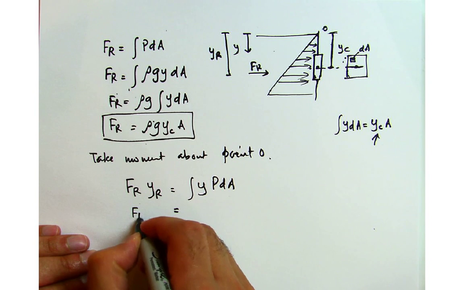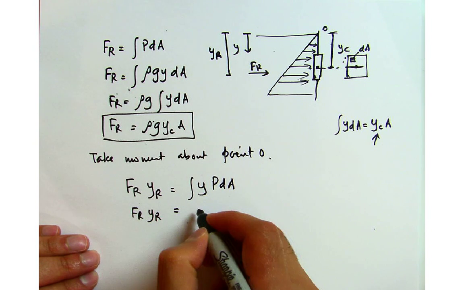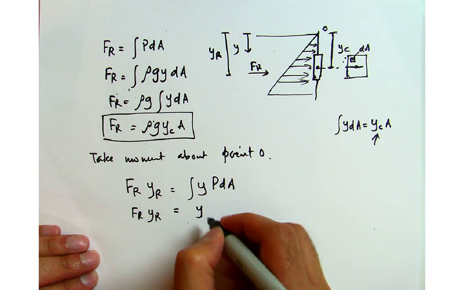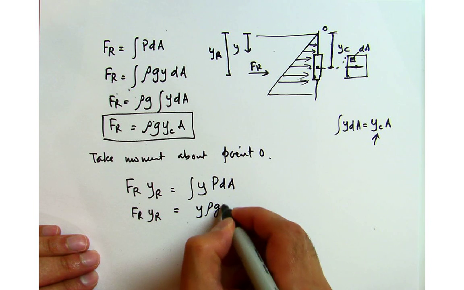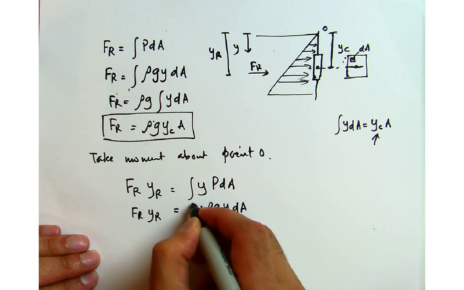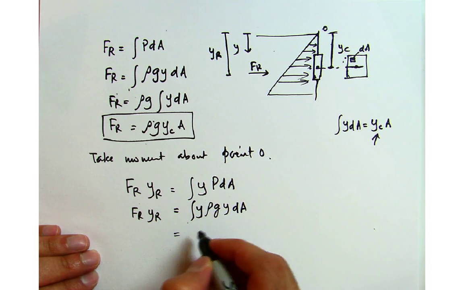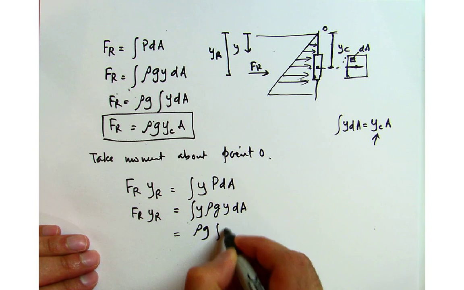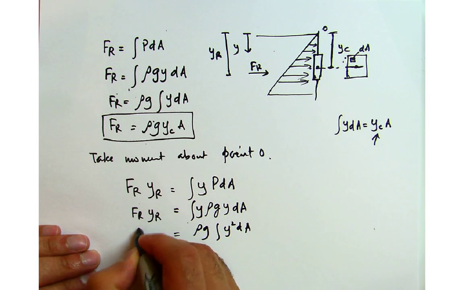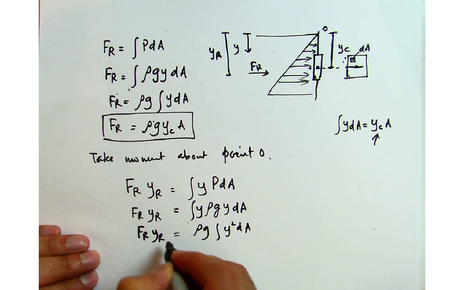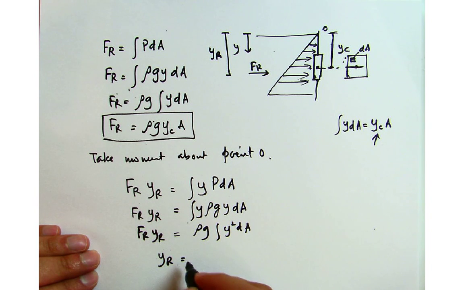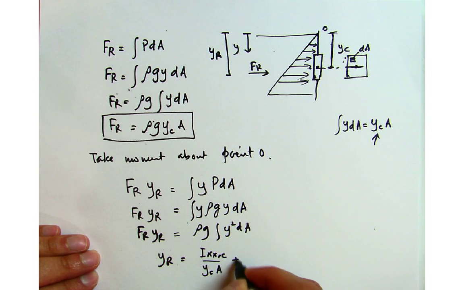So F_R y_R is equal to the integral of y rho g y dA. If you notice, this is the same expression that we obtained earlier, so I'll just show you and then write the result. y_R is simply equal to I_xx,C over y_c A, plus y_c.